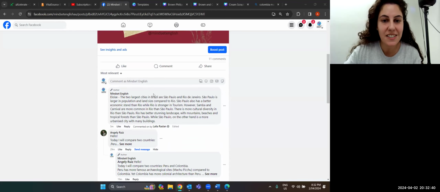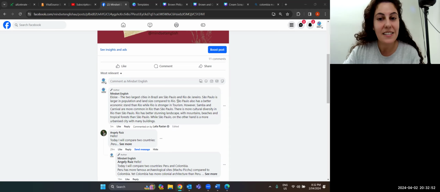So the two largest cities in Brazil are Sao Paulo and Rio de Janeiro. Sao Paulo is larger in population and land size compared to Rio. Sao Paulo also has a better economic stand than Rio, while Rio is stronger in tourism.